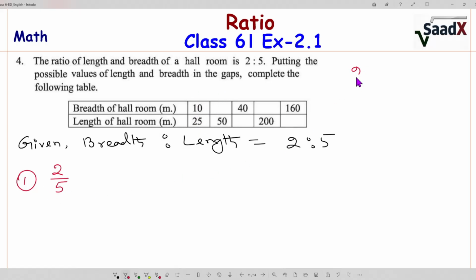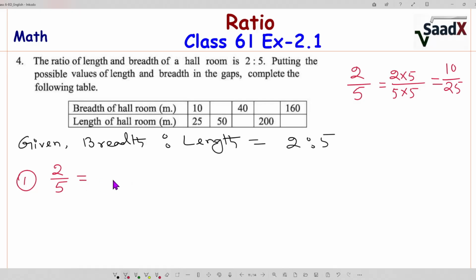How? 2/5 we can write here as 10/25. Because we are multiplying 2 times 5, which is 10, and 5 times 5 is 25. It means we are multiplying the numerator and denominator by 5. We will do the same for this table.